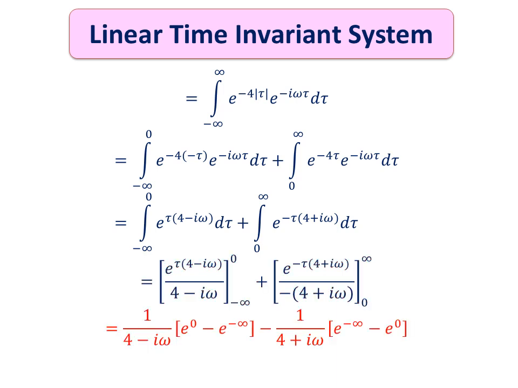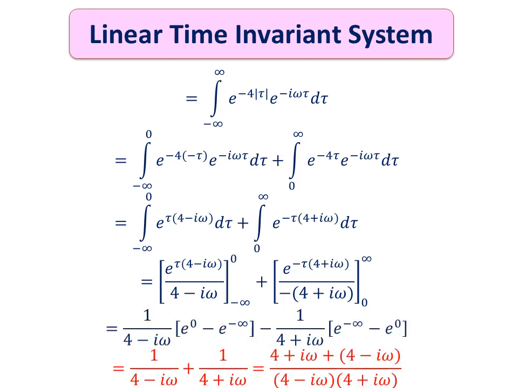Just applying the limits, it is 1 by 4 minus j omega multiplied with the upper limit e power 0. In the place of tau we put the limit value, and the lower limit is minus infinity, so it will be e power minus infinity for the first term. Negative sign, 1 by 4 plus j omega. Here the upper limit is infinity, which leads to e power minus infinity, and the lower limit is 0, so we get e power 0.